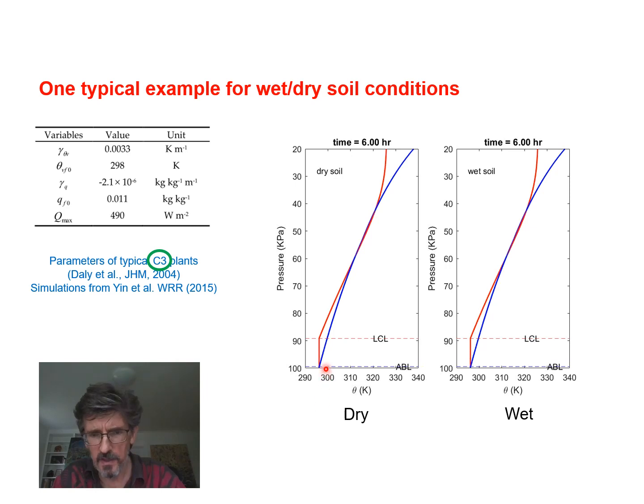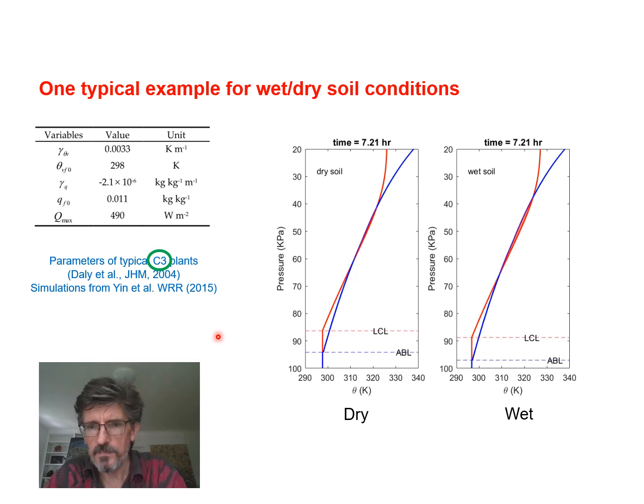This is the original potential temperature, the initial condition for the growth of the boundary layer, and this is the free atmosphere profile. It's not straight simply because this is pressure, not height, but he assumed linear profiles with this lapse rate gamma theta. Let's see the simulation and then comment.